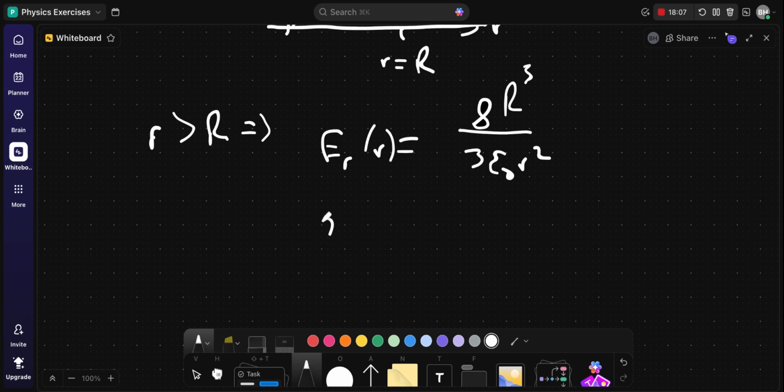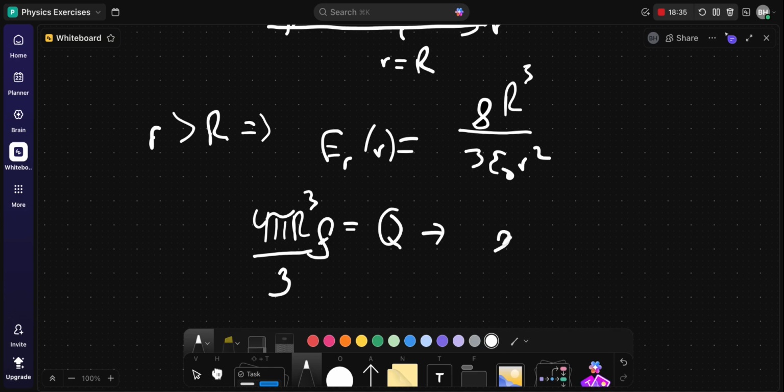And instead of this rho, you can write this in terms of the total charge on the sphere. The total charge on the sphere is the volume times the charge density. That's equal to Q. So we see that rho is actually equal to 3Q divided by 4 pi R cubed.